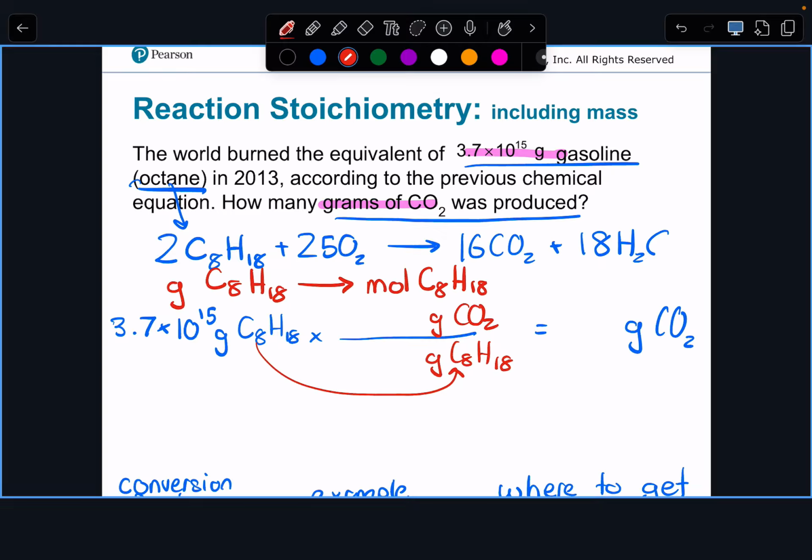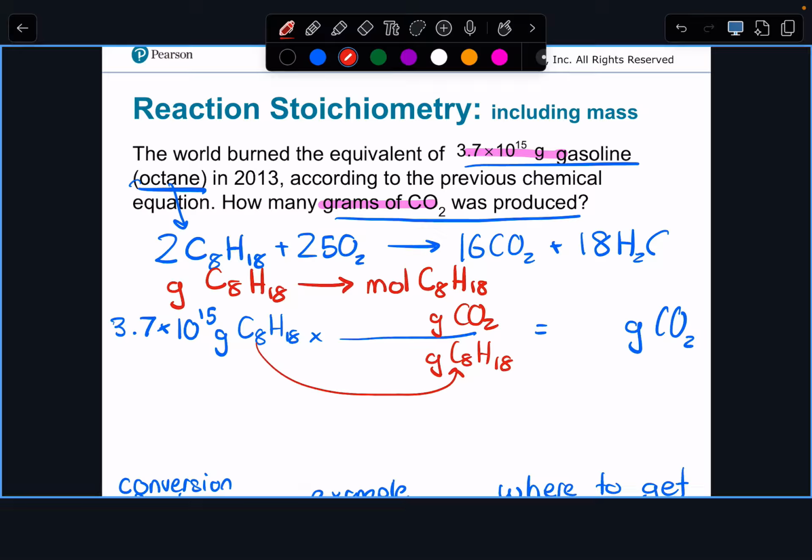This is where it becomes really important to not just write moles, but write moles of C8H18. Because we're trying to get to grams of CO2. Do we know a conversion that gets us from moles of C8H18 to grams of CO2? No. We can do moles to grams if they're the same compound, but we cannot here.